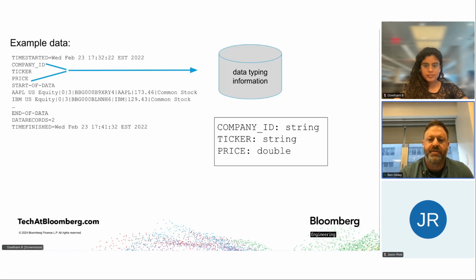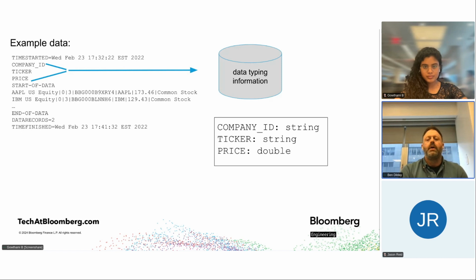It's important to note that this data is actually typed data, except that the types were stored in an external database maintained by Bloomberg, as opposed to within the file itself. For a user to make use of this data, their workflow would be to read the data, parse the header to understand which fields are contained within this file, and then consult the external database to understand what the data type of these fields is and how they should be interpreting these text values.